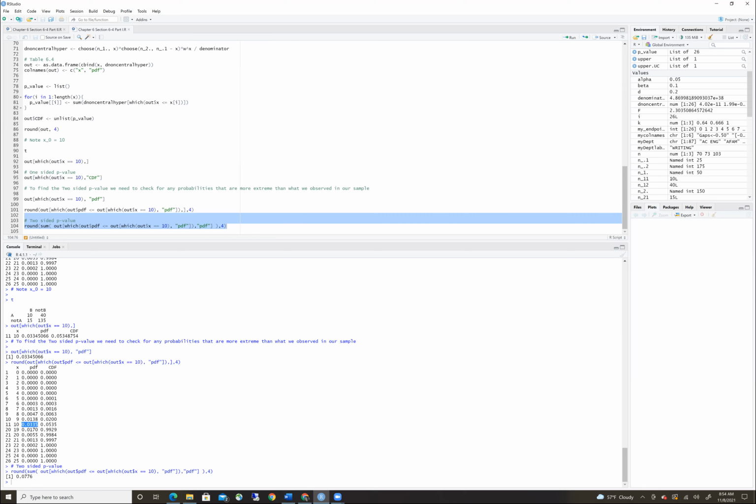To be as extreme or more extreme, you need to be smaller than 0.0335. So I'm only looking at cases that have a PDF value smaller than that, and summing them up. That is how I'm getting the resulting two-sided p-value that's corrected for round off. That gives us 0.0776. It takes a little more effort to figure that out, but at the end of the day, you get a more accurate p-value.